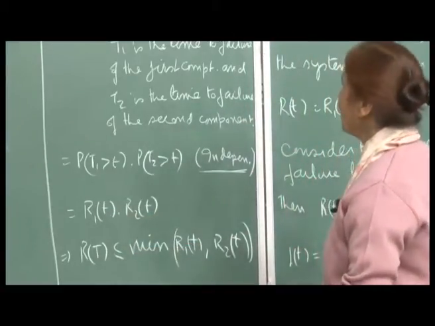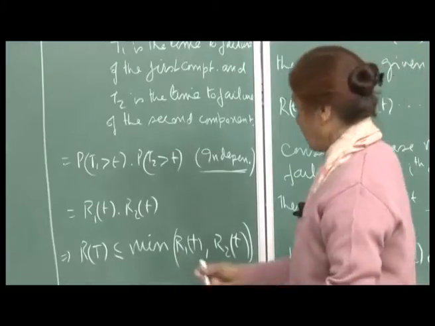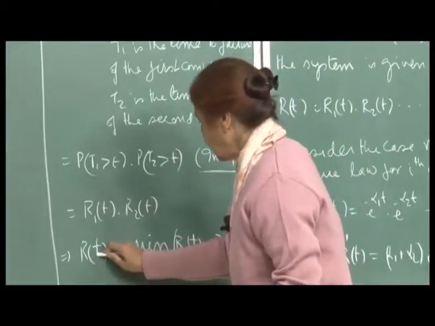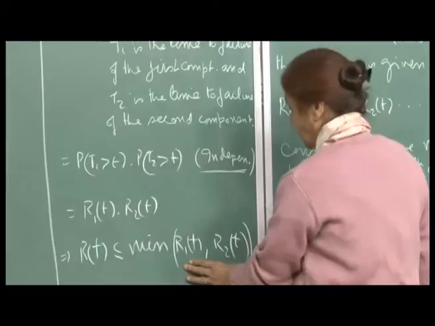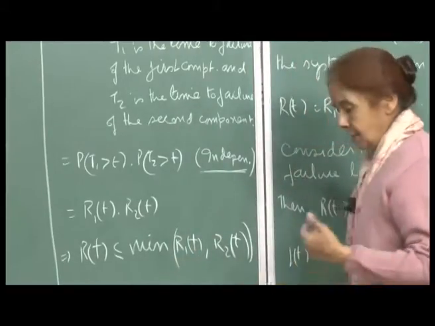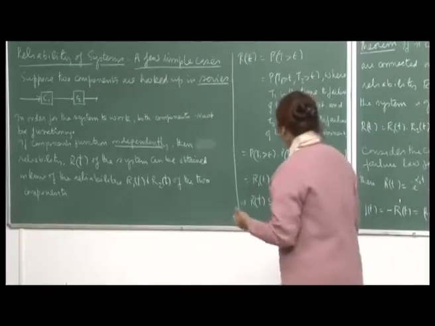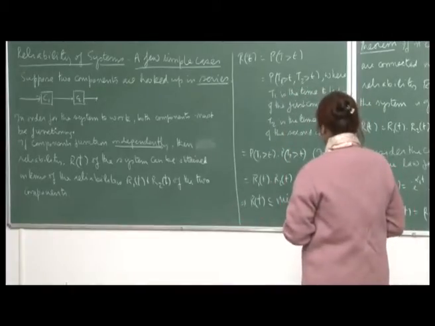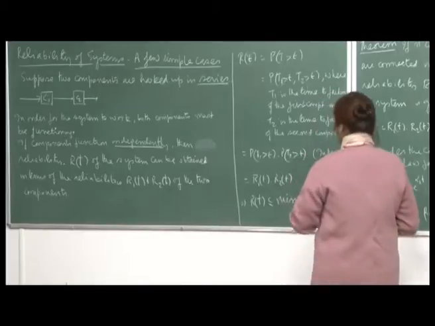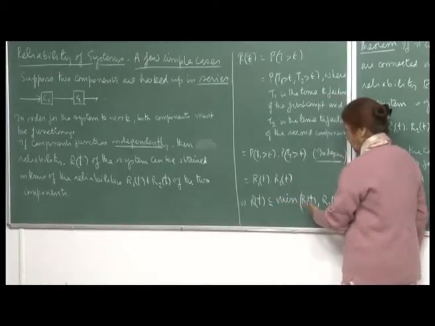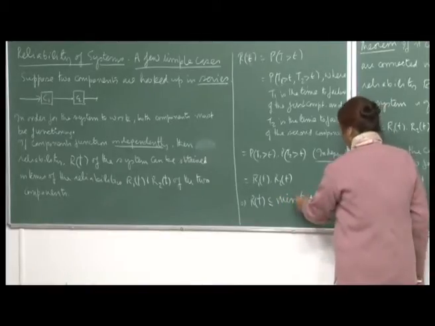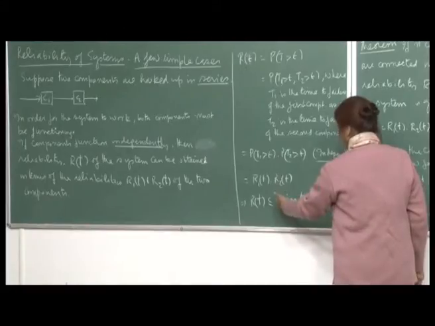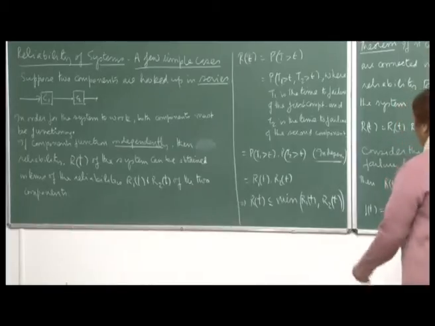So essentially R(t) is less than or equal to the minimum of the two. That means the reliability goes down: if you have components hooked up in series, the reliability of the system goes down, because it is less than or equal to the minimum of the two numbers, at any time t.